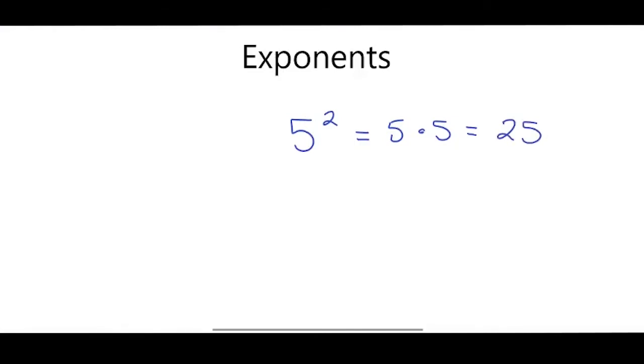But you may see it as -5 inside of parentheses raised to the second power. Now, what this is telling us is that whatever is in the parentheses is being multiplied by itself. So that's -5 times -5.